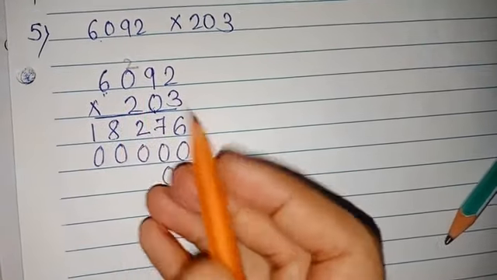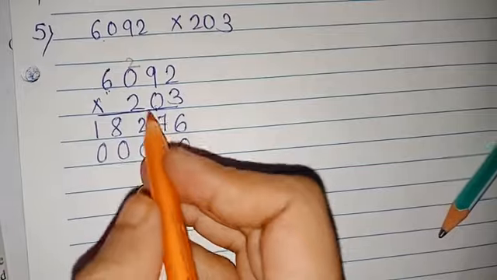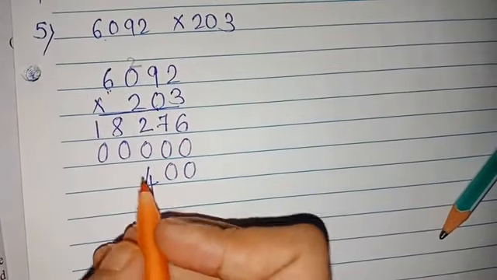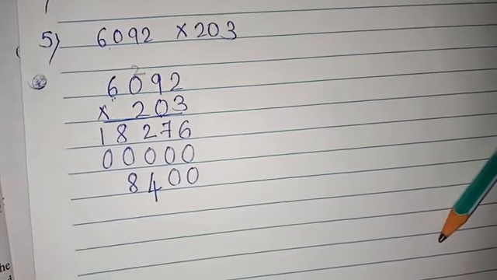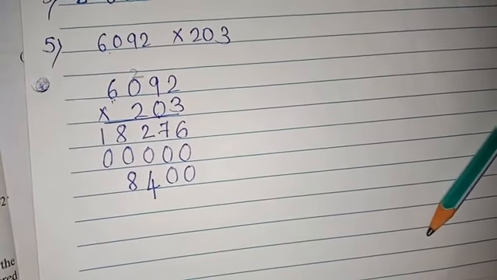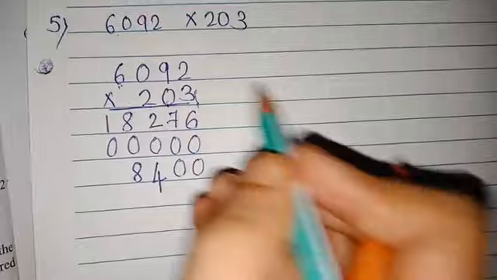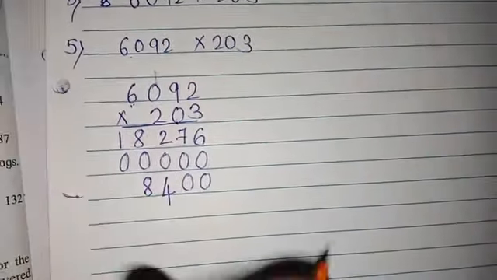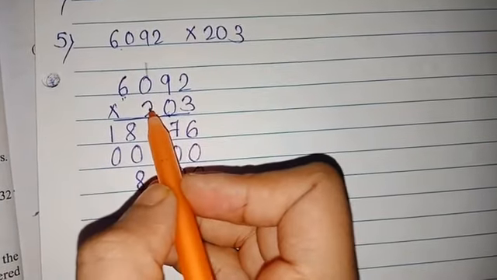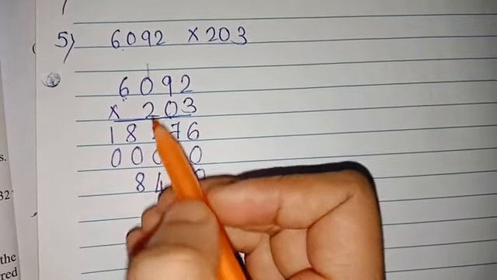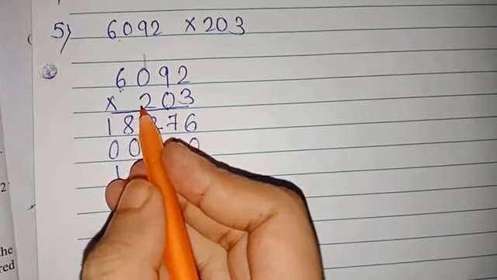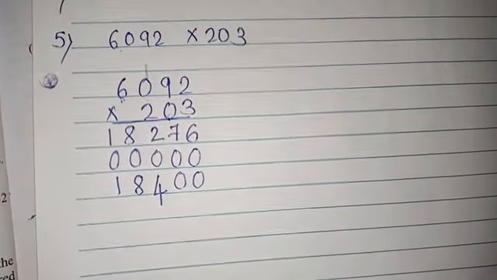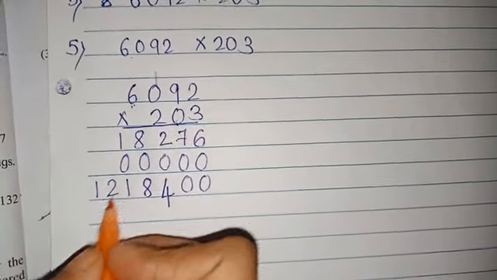Now 2 twos are 4, 2 nines are 18, so 8 will come here and 1 will come here, right? Now 2 zeros will be 0, so I will directly write this 1 here. Done. Now 2 sixes are 12, so 1 and 2.